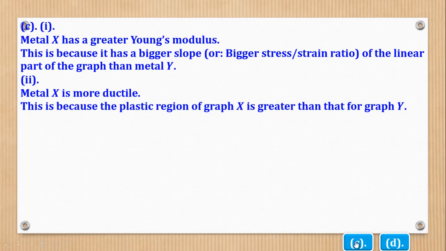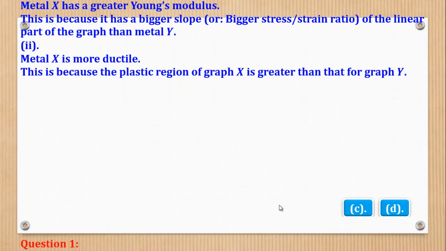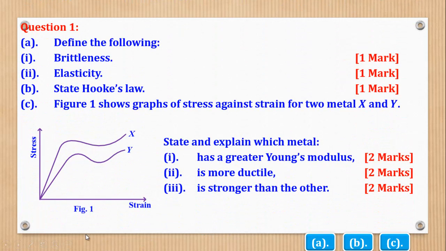I think you know the plastic region for a metal. If you look at this and this, one is bigger. And it is above. If you see this, the stress is higher.